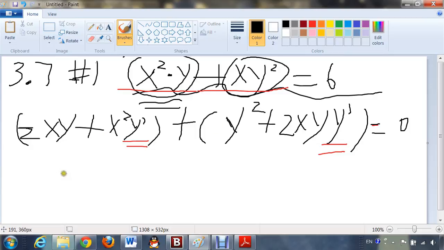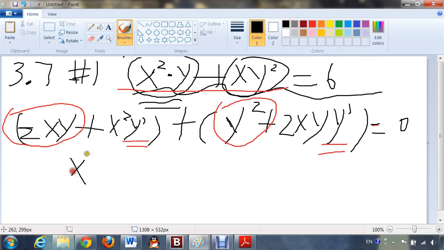We cannot really combine anything, so since we want to isolate y prime from everything else, everything that does not have a y prime with it, we'll move to the other side of the equation.